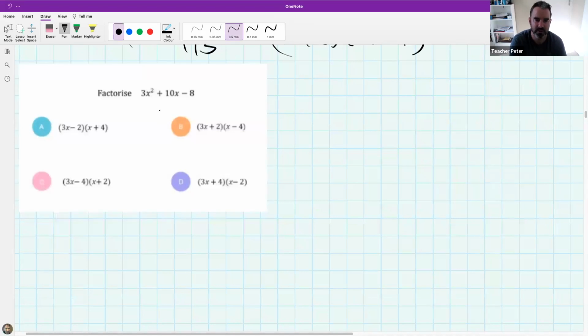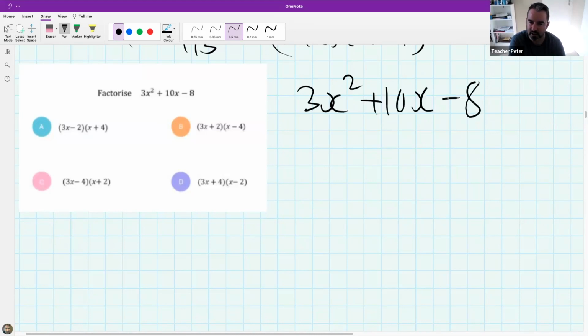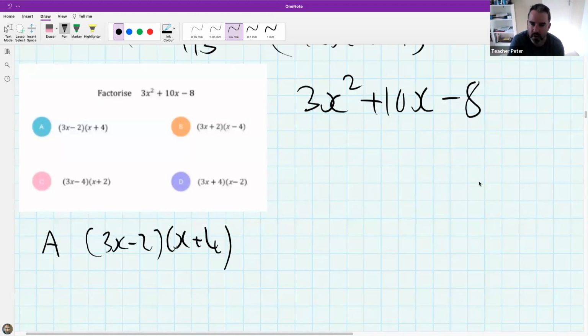Okay, in case you can't see, it says factorize 3x squared plus 10x minus 8. And you need to choose between these 4 options, A, B, C, and D. Option A is 3x minus 2, x plus 4.